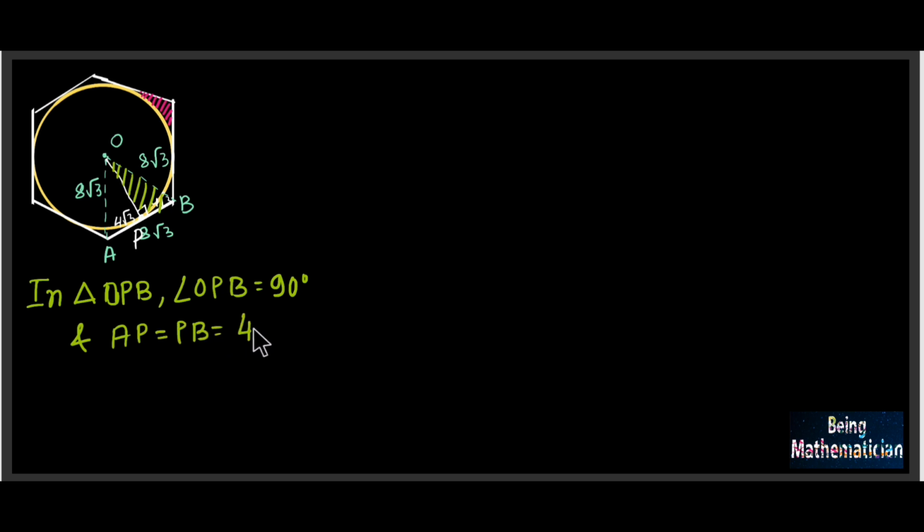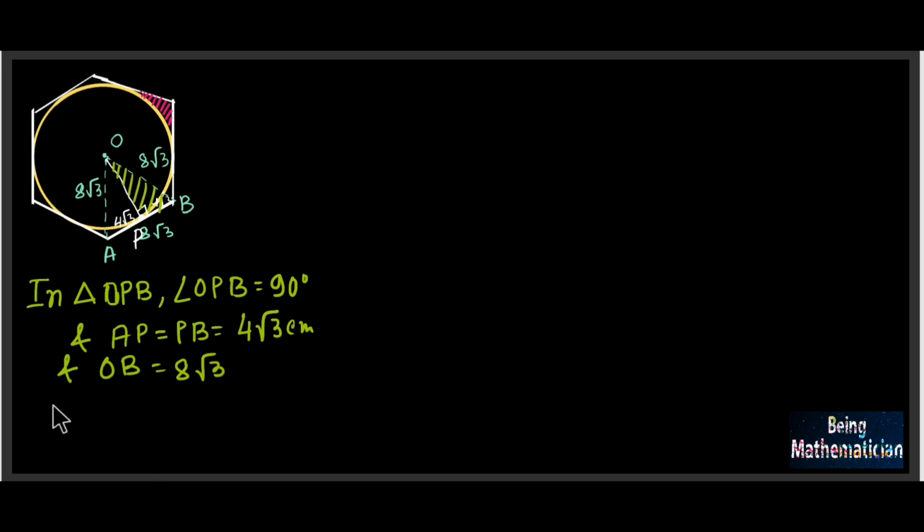So in triangle OPB, angle OPB is 90° and AP is equal to PB is equal to 4√3 centimeter, and OB is 8√3 centimeter.